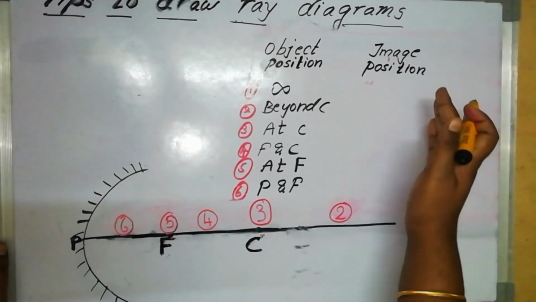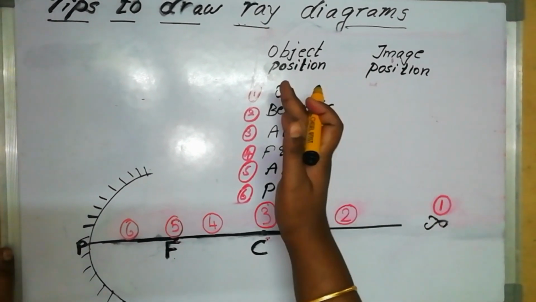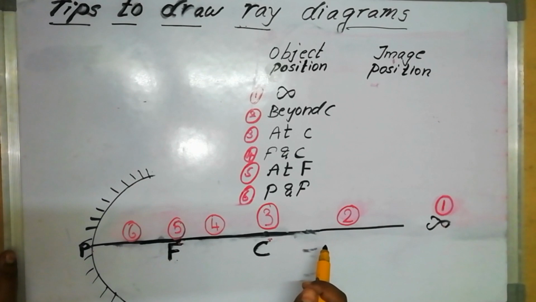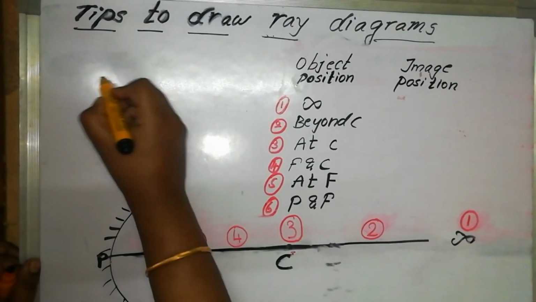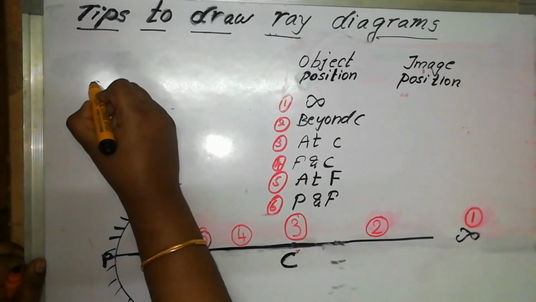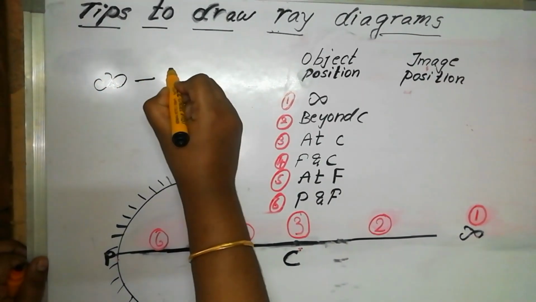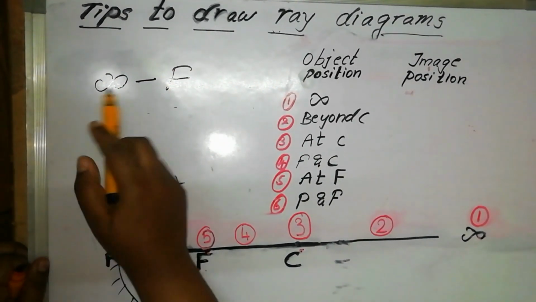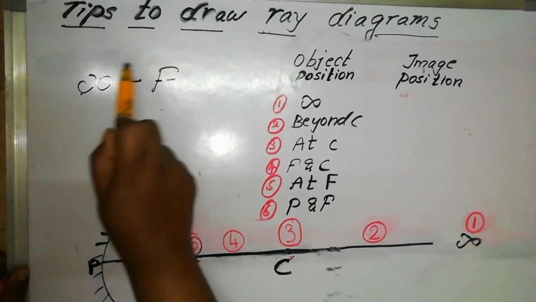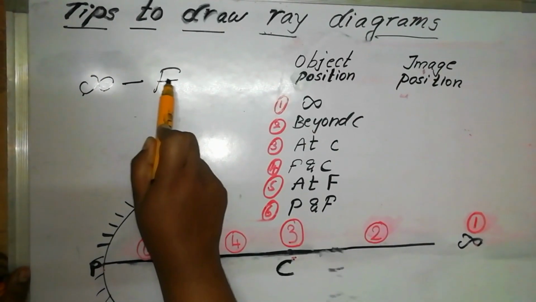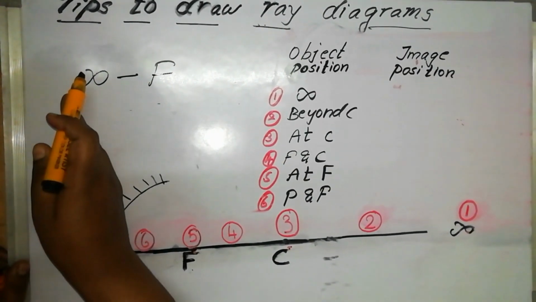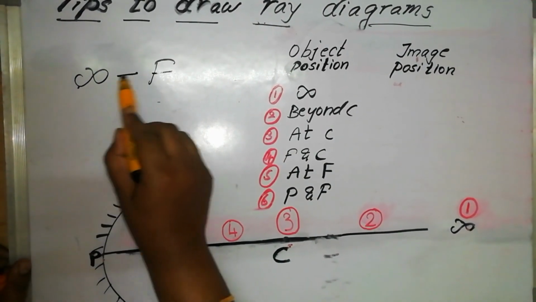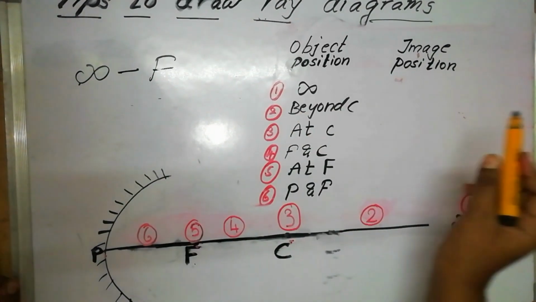Now let's see the position of image for certain object positions. There is always a relation between infinity and the focal point. When the object is at infinity, we get the image at the focal point, whereas when the object is at the focal point, we will get the image somewhere at infinity. So let's mark it here.